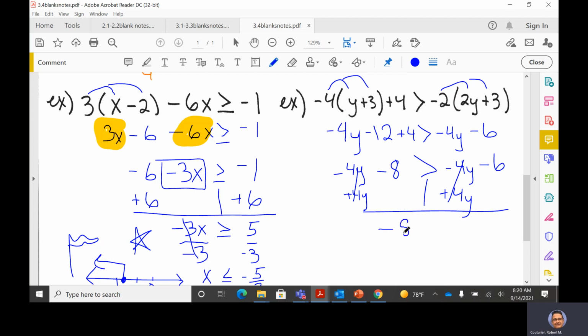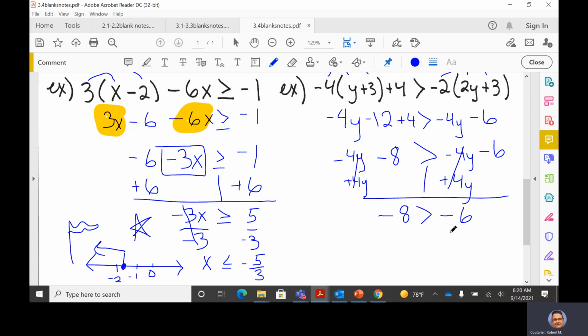I'm left with negative 8 is greater than negative 6. Is that a true or false statement? Remember, we said sometimes strange things happen. It also happens this way with inequalities. Were we left with a false statement or a true statement?